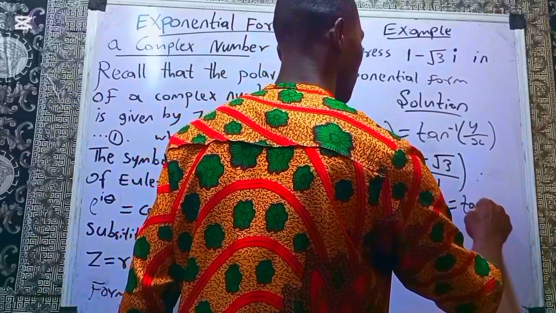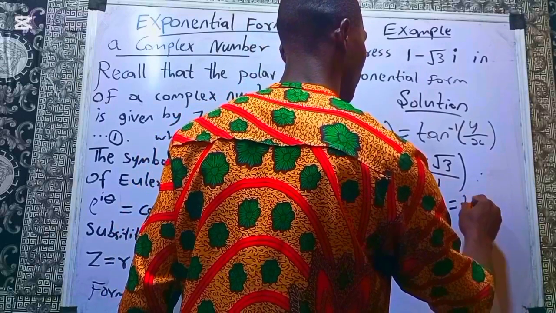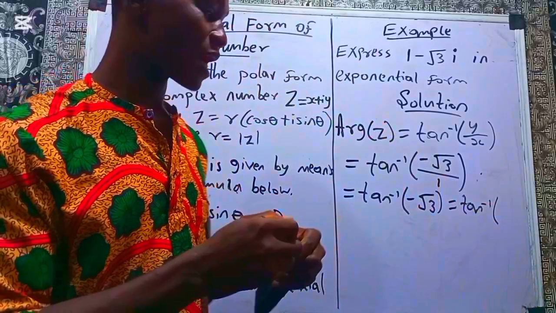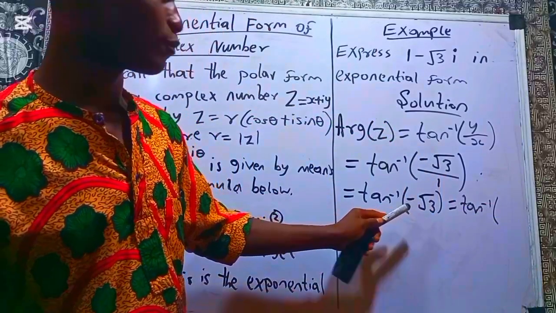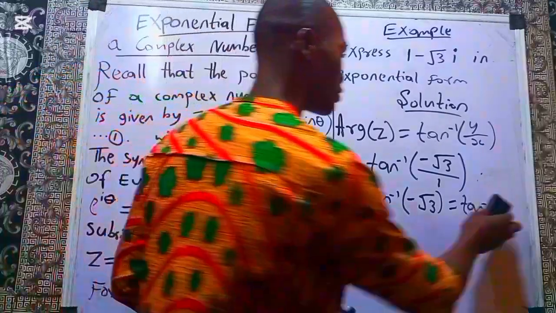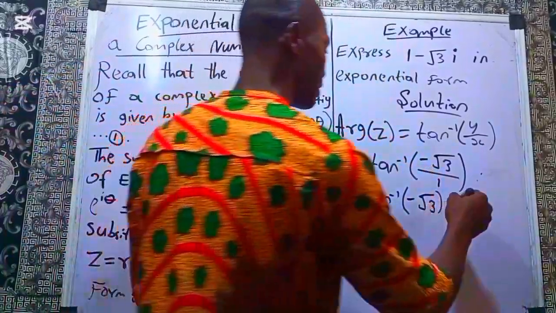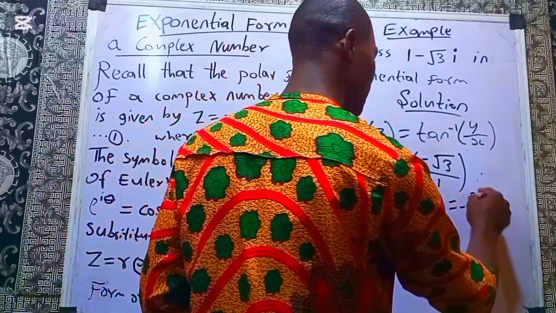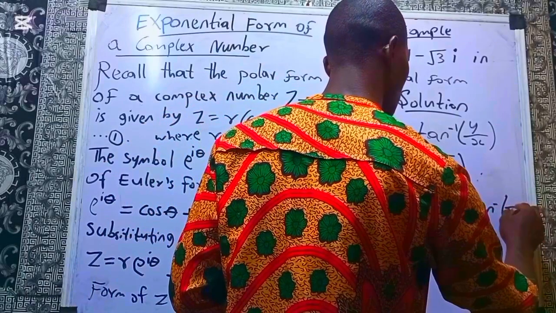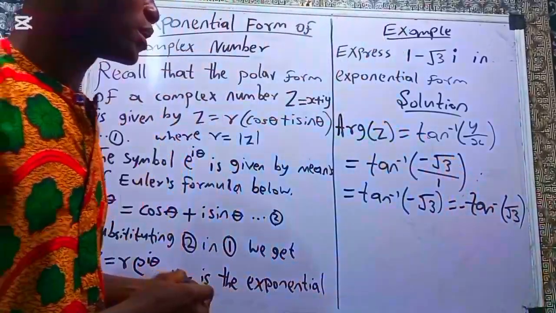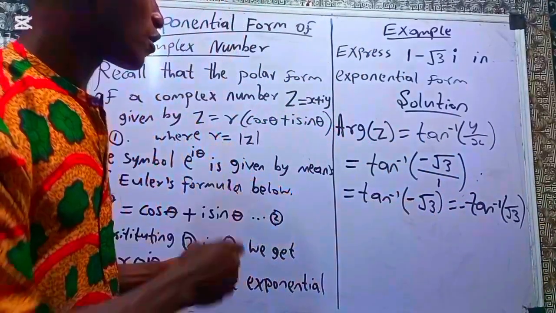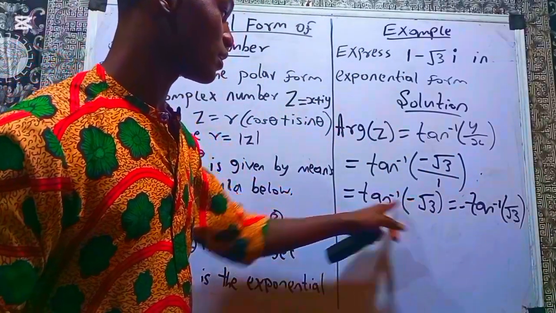So we are going to have tan inverse of, okay, this negative we can bring out of the tan inverse. So this will be equal to negative tan inverse of square root of 3. So I just brought out this negative sign out of this tan inverse.